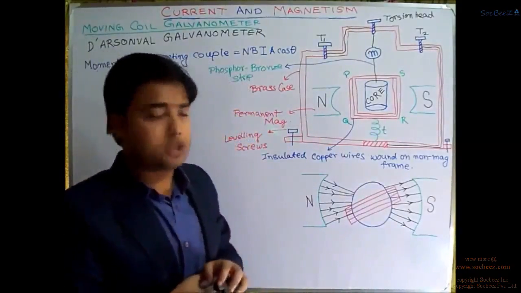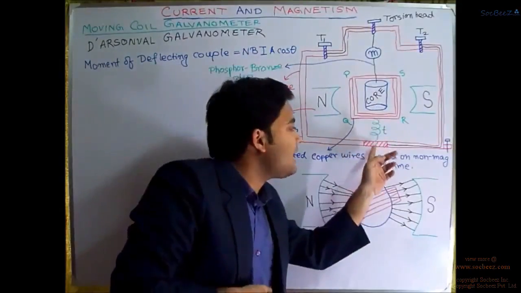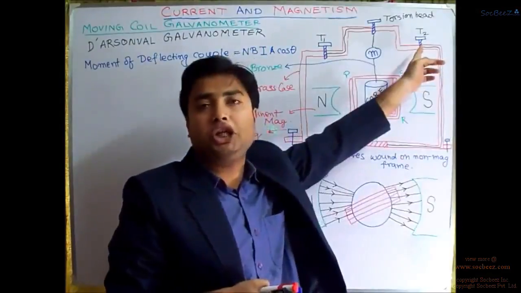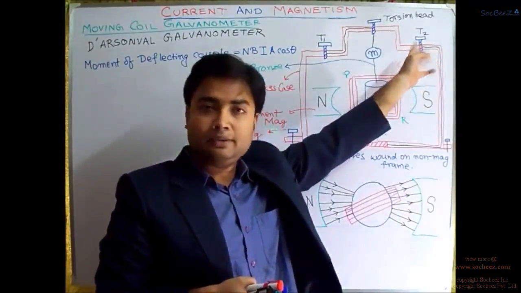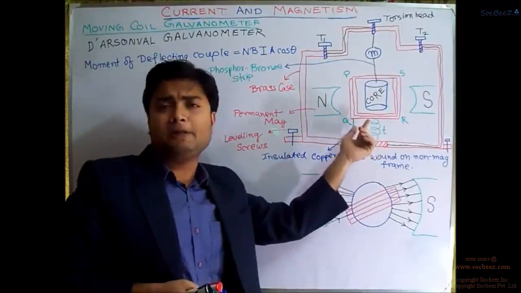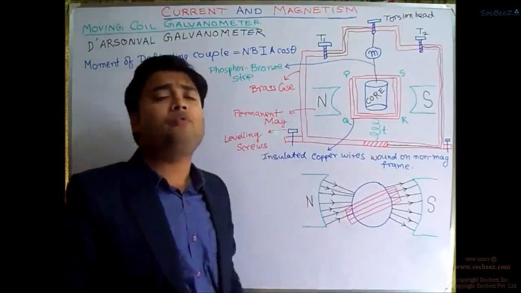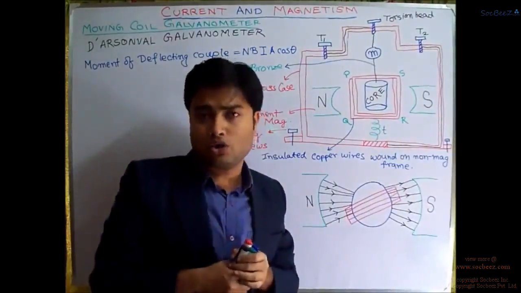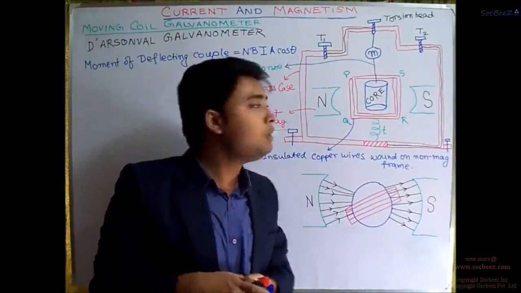And again, you can see that this spring is actually connected to another screw, T2, right? So, first of all, this hairspring will have a very small number of coils or twists, right?